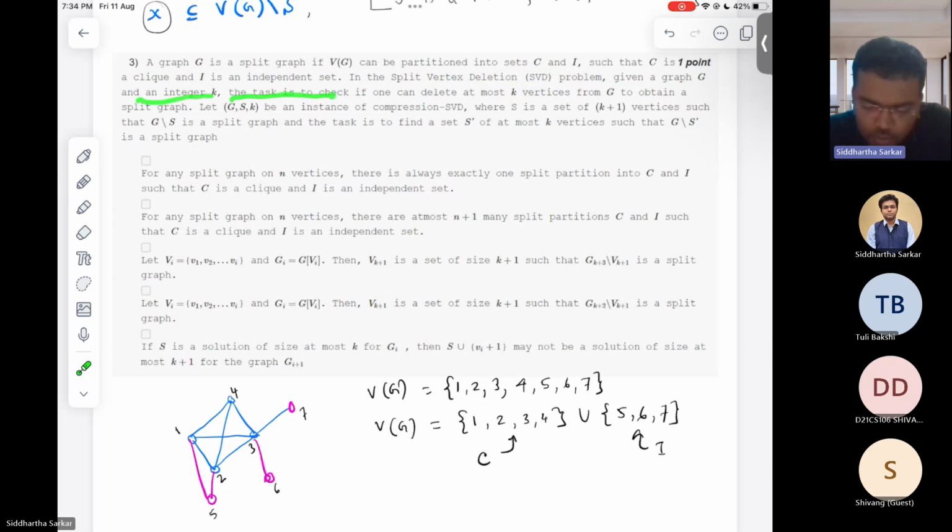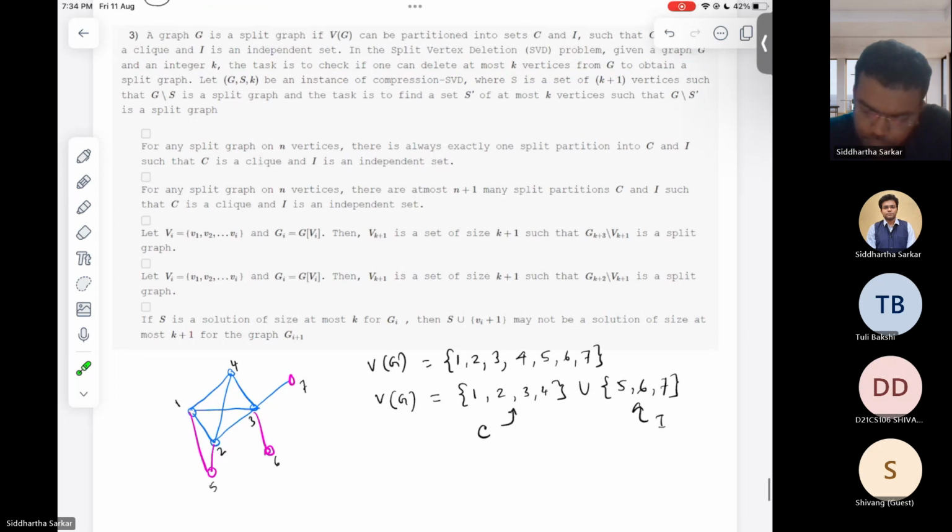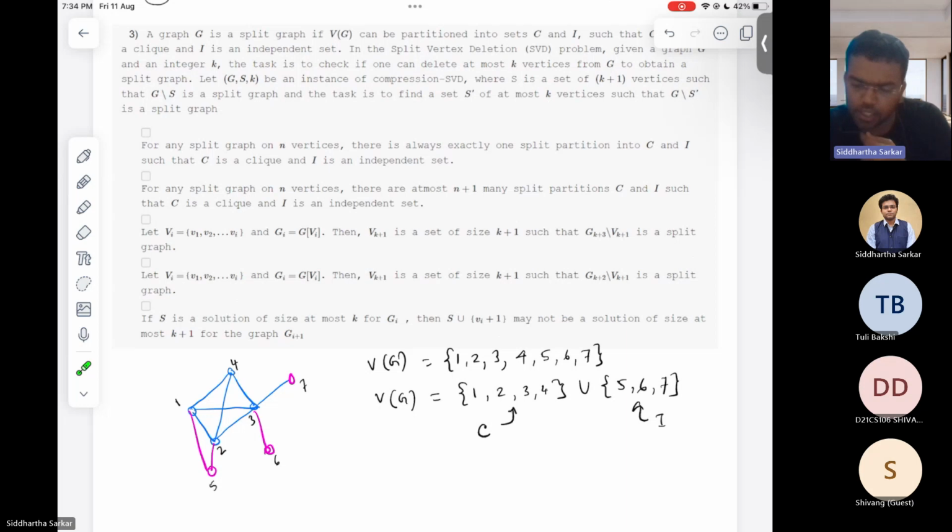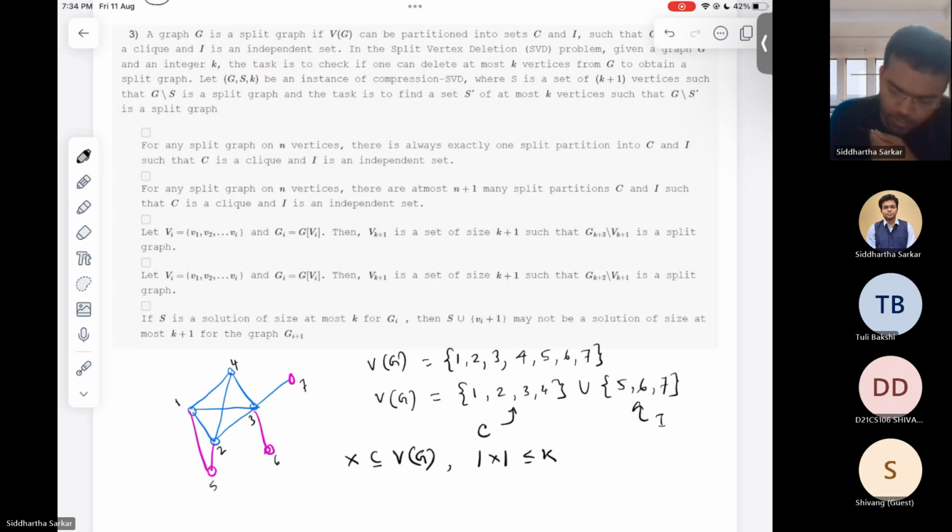K. The task is to check if one can delete at most K vertices from G to obtain a split graph. So again, we're interested in finding a subset of the vertex set of G. We're interested in deleting at most K vertices from G. So let us say X is a subset of the vertex set of G. We're interested in finding an X such that mod X is at most K, and G minus X is a split graph.